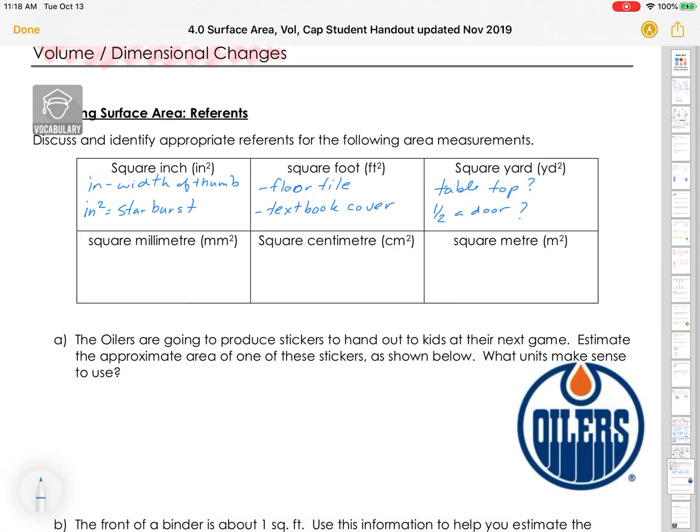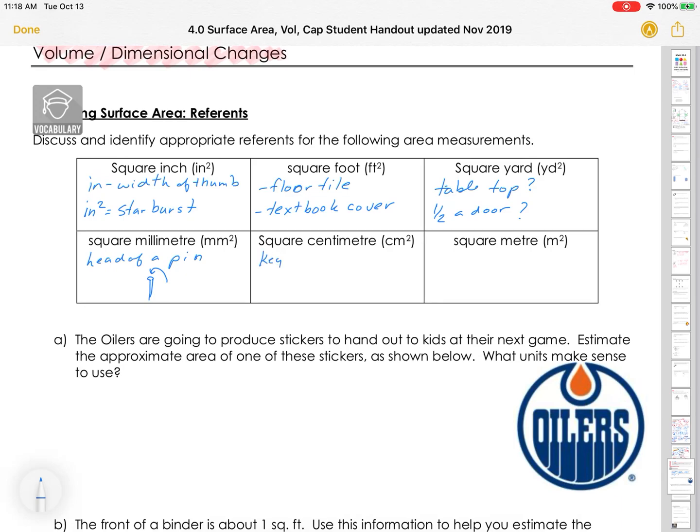Well, that's rather tiny, so maybe it is like the head of a pin. If you think of a pin, it has a very tiny little head on it. Something very, very small, not as small as a pencil lead, but a little bit bigger than that.